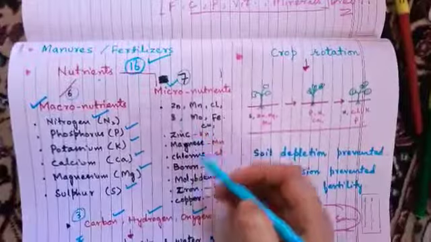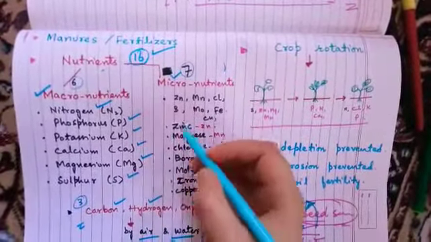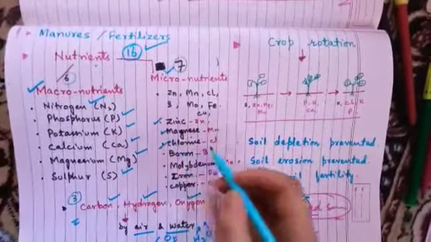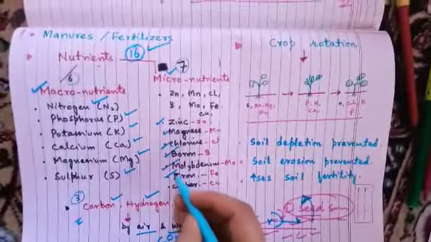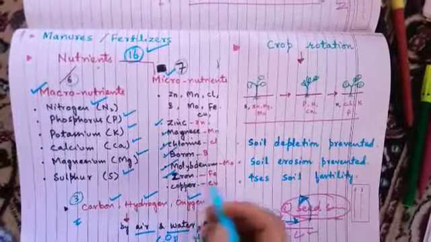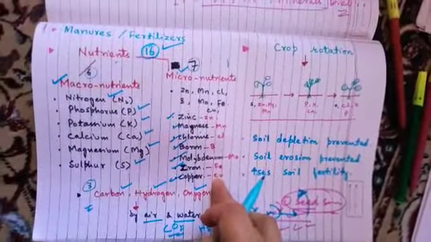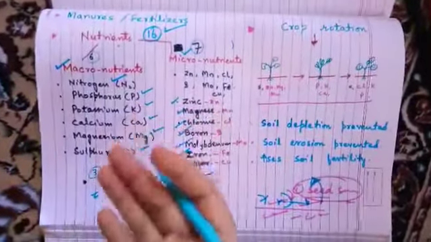Micronutrients, which are needed in very small amounts, are zinc, Zn; manganese, Mn; chlorine, Cl; boron, B; molybdenum, Mo; iron, Fe; and copper, Cu. These are needed in small concentrations by the plant. All these nutrients are needed, whether in small or large concentration.